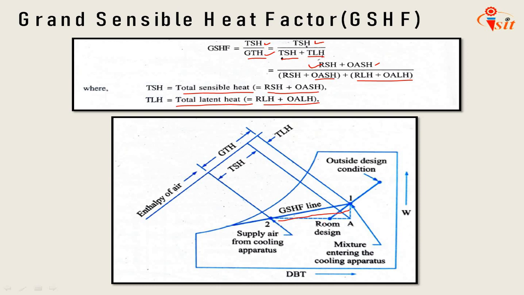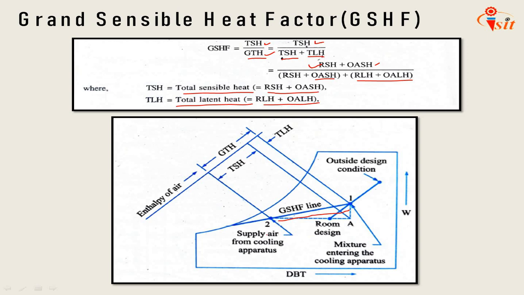This line 1 to 2 gives the psychrometric process which air undergoes as it passes over the apparatus. Thus any point on this line will give you the sensible heat and the latent heat removed in the fixed proportion, which is shown in this figure.